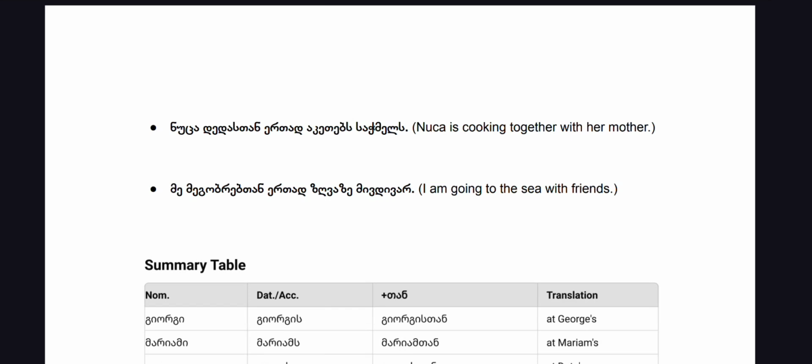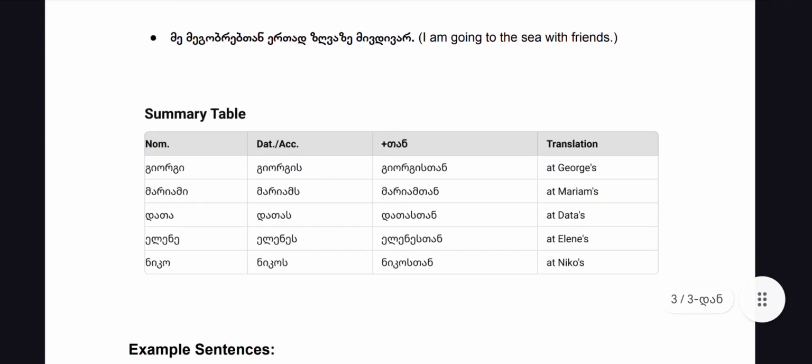Nutsa is cooking together with her mother. მე მეგობრებთან ერთად ზღვაზე მივდივარ. With friends.